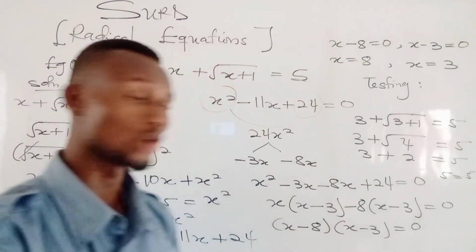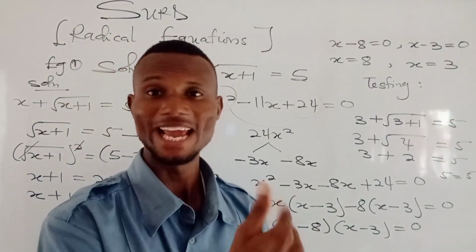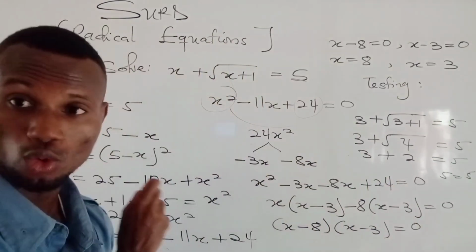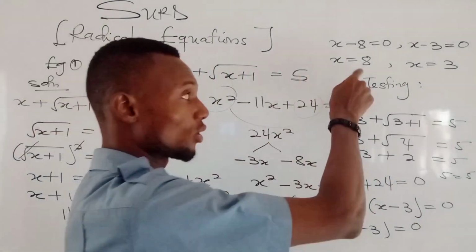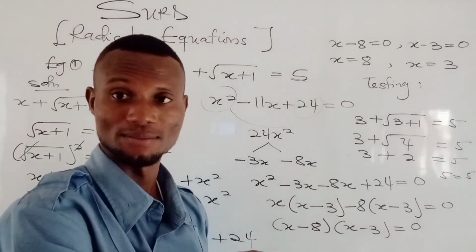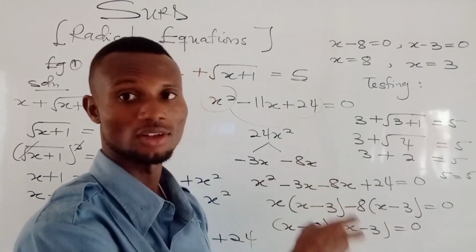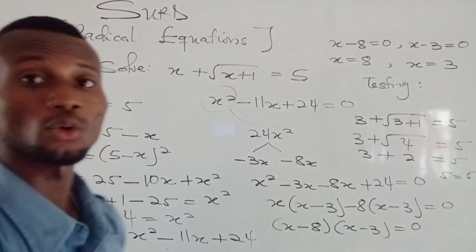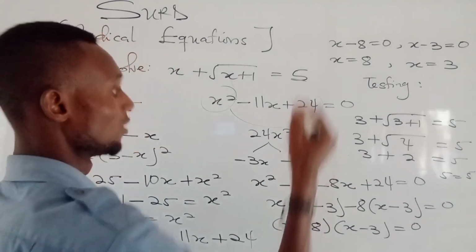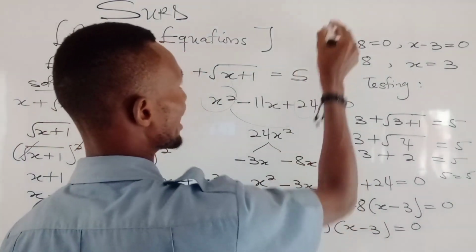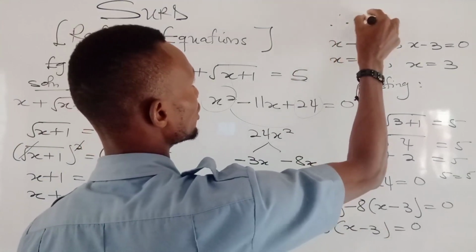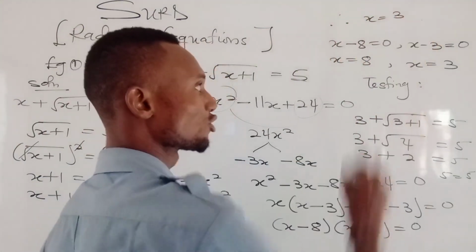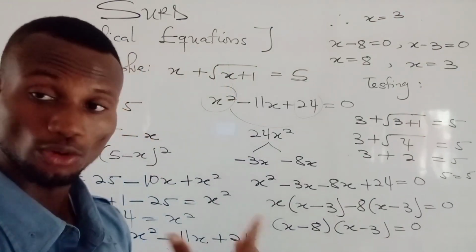So we now conclude that therefore s equals 3 is the solution to the given equation. s equals 8 is not a solution, because when we tested it, it did not satisfy the equation. You write your conclusion: therefore, s equals 3 is the actual solution to the given equation.